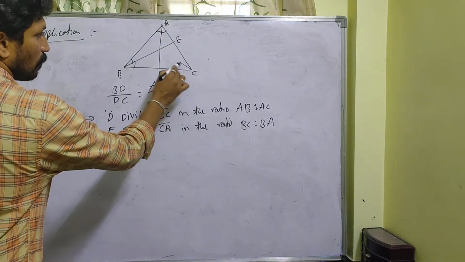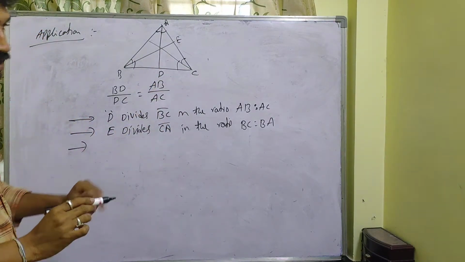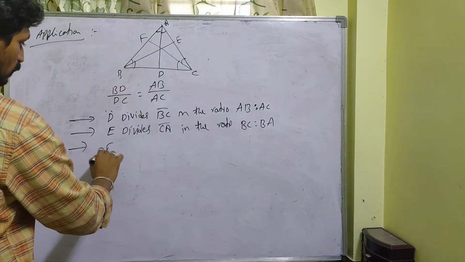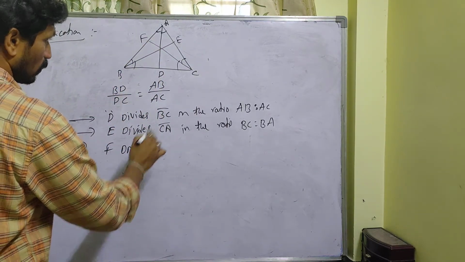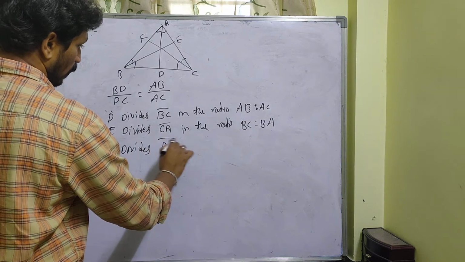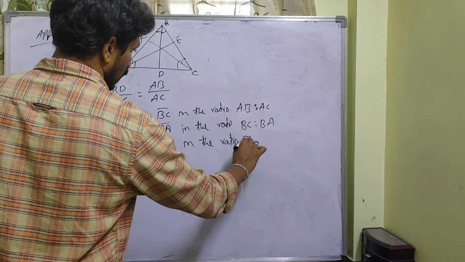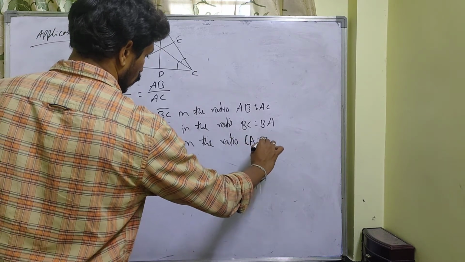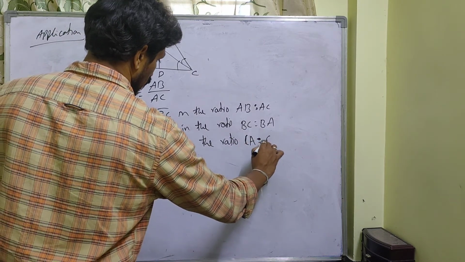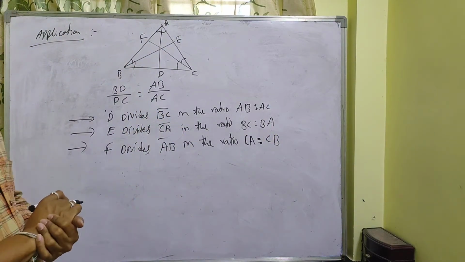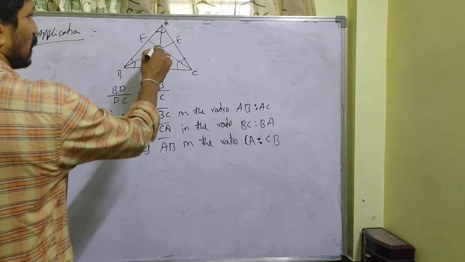If it is also one of the angular bisectors, let us take this is the point F. F divides AB in the ratio CA is to CB. So this is nothing but AI.